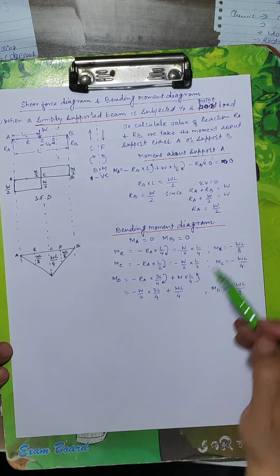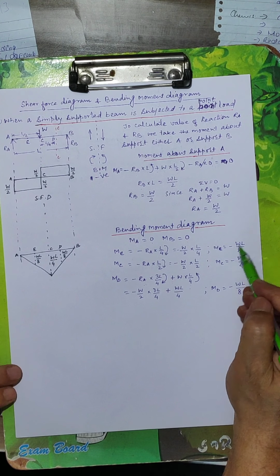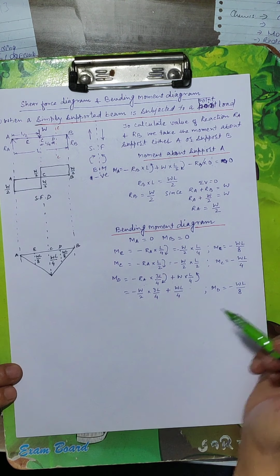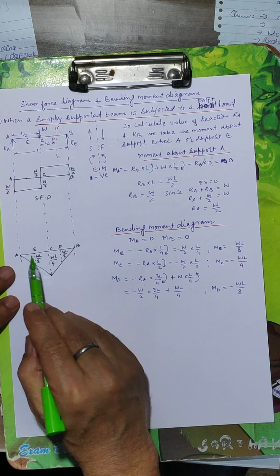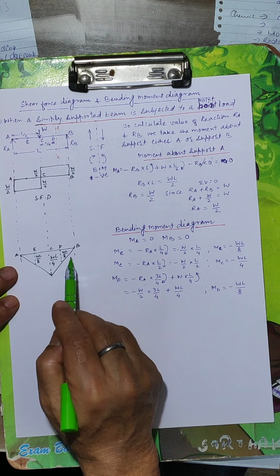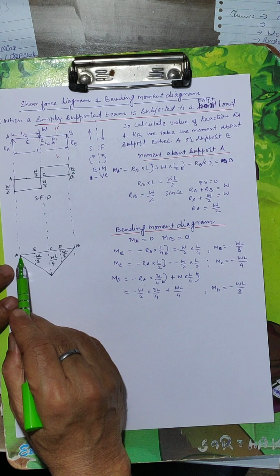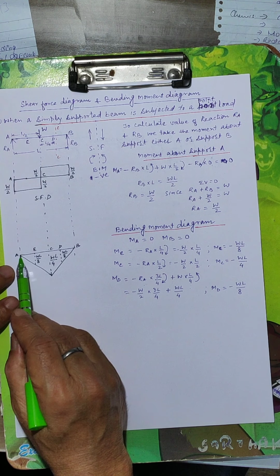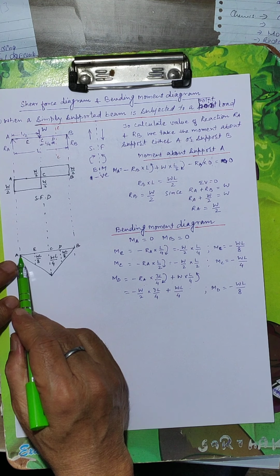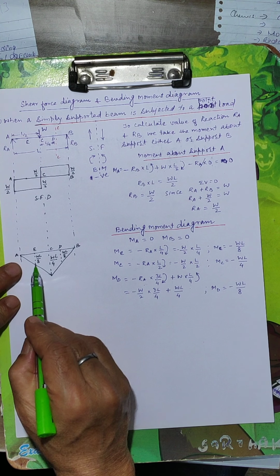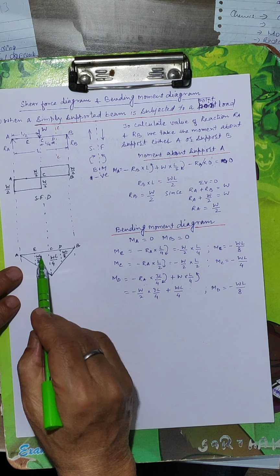So by taking the help of these values, we draw the bending moment diagram. Here MA is 0, AB is the 0 line. We start from here. ME is WL by 8.